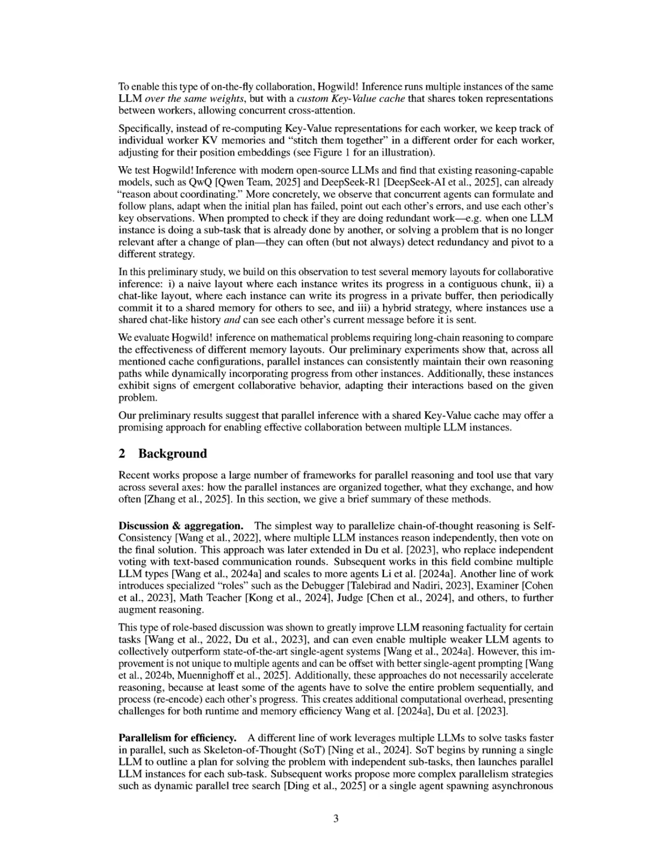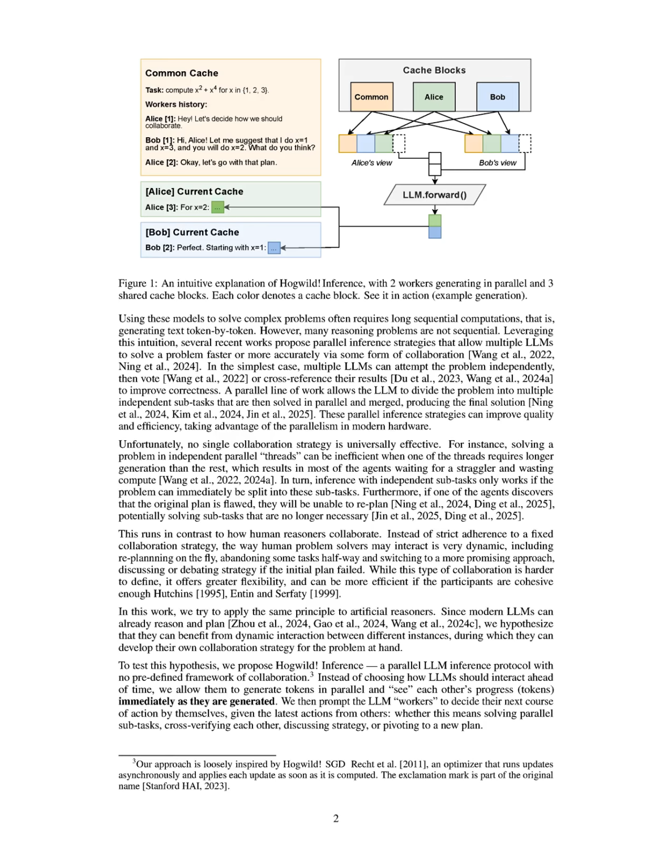Secondly, by utilizing a shared key-value cache, Hogwild inference minimizes computational overhead associated with re-encoding tokens, thus improving hardware utilization and efficiency. Additionally, preliminary experiments indicate that LLMs can effectively coordinate and leverage each other's partial progress, enhancing problem-solving capabilities, especially for complex reasoning tasks that do not fit rigid parallelism frameworks.